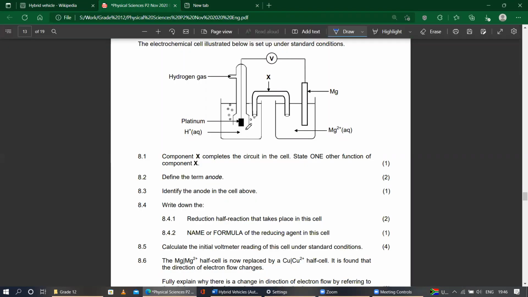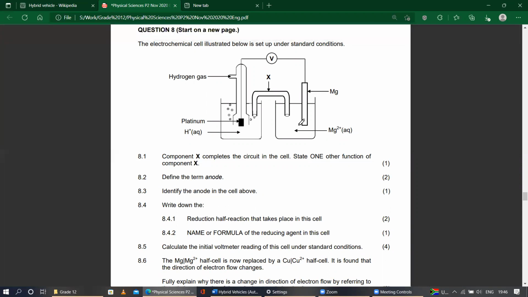Basically, this is a reaction, right? And a chemical reaction has to reach an equilibrium. So basically, the salt bridge is there to deposit ions so that this reaction never reaches its equilibrium point.